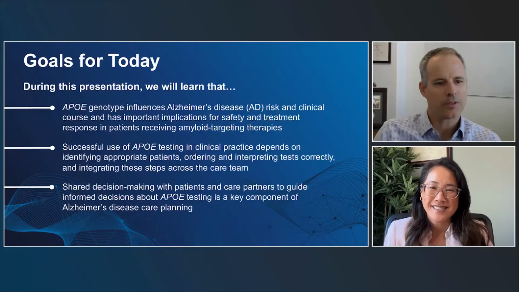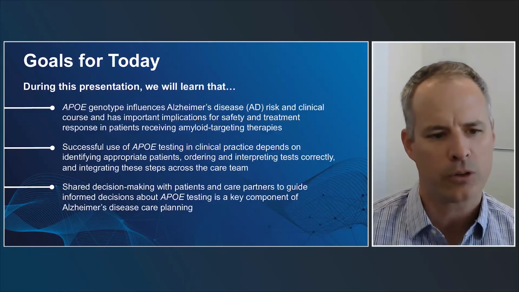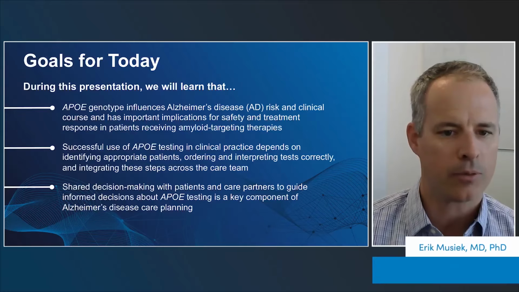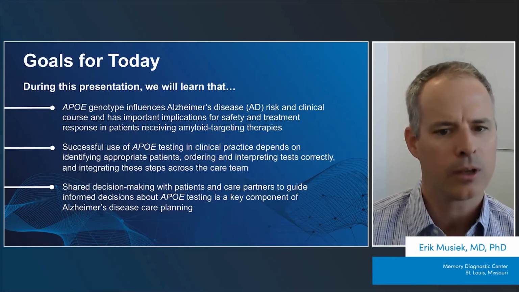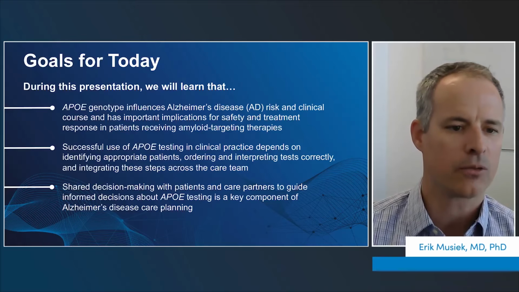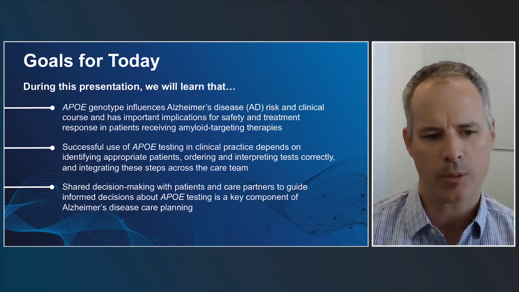So let's talk about our goals for today. During this presentation, there are three major goals. The first is to understand APOE genotype and how it influences Alzheimer's disease risk, clinical course, and how it has important safety implications for patients who are receiving anti-amyloid therapies.